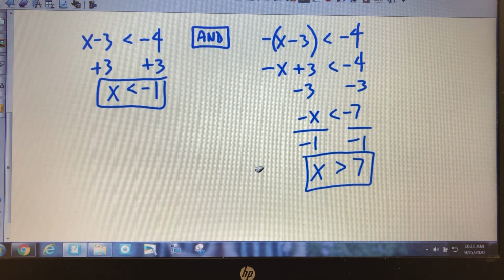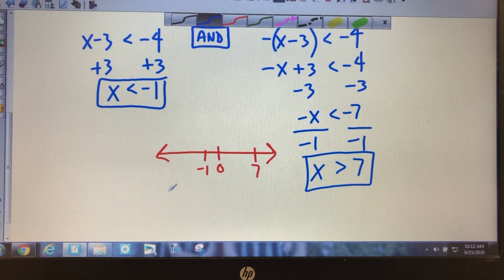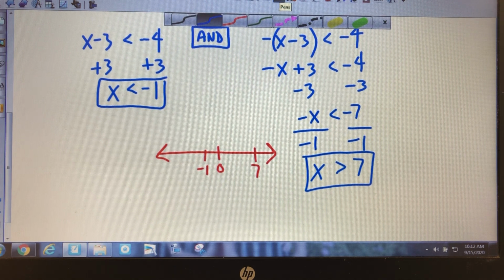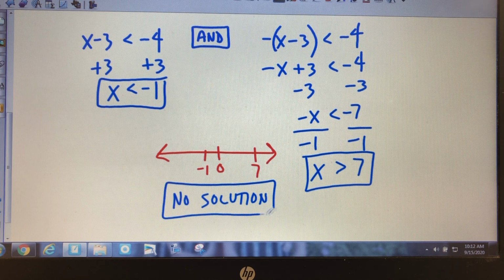So nothing works here. So the graph would just be empty. And your solution would be x such that, well, actually we don't need that. My mistake. When we have that, we would just say no solution, because nothing works. No solution. Nothing is going to work.